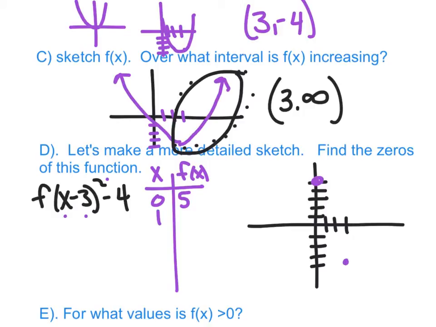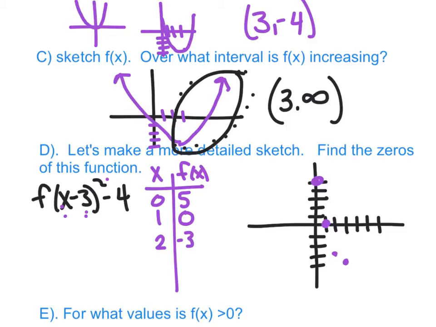If x is 1, 1 minus 3 is negative 2, squared is 4, 4 minus 4 is 0, so (1, 0). If I plug in a 2, 2 minus 3 is negative 1, negative 1 squared is 1, 1 minus 4 is negative 3. So (2, -3). I'm going to plug another point in. Let's plug in 4.